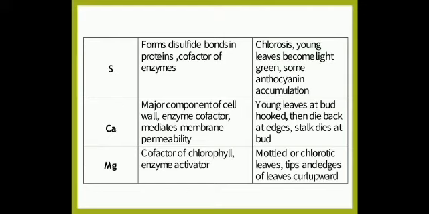The young leaves at bud condition look hooked, then die back at the edges. The stalk dies at the bud condition. Magnesium forms a cofactor of chlorophyll and acts as an enzyme activator. The deficiency results in mottled or chlorotic leaves, and the tips and edges of the leaves curl upwards.